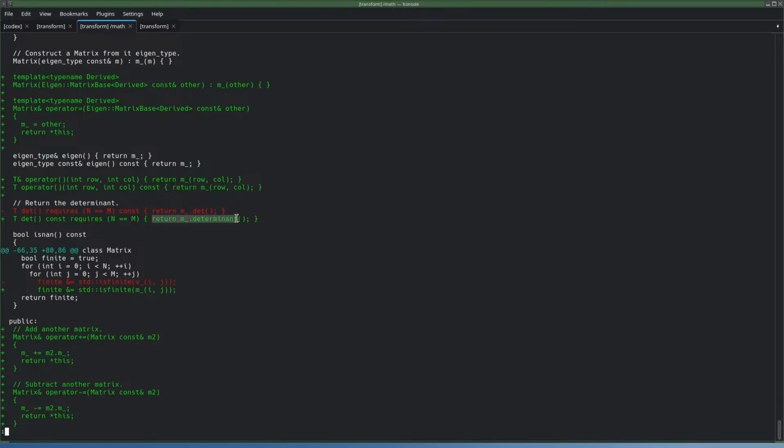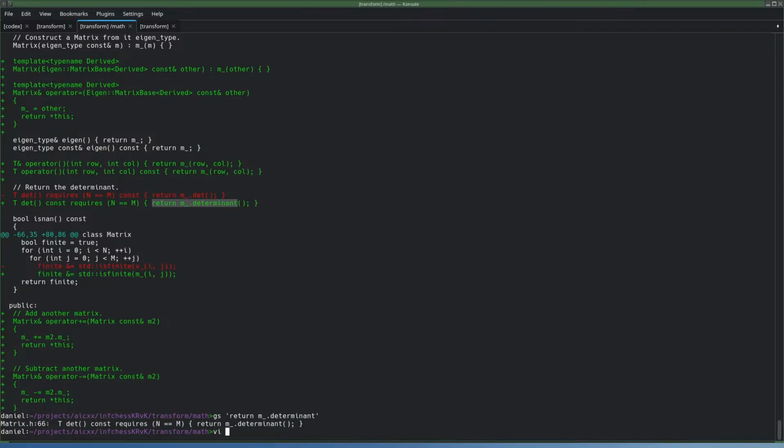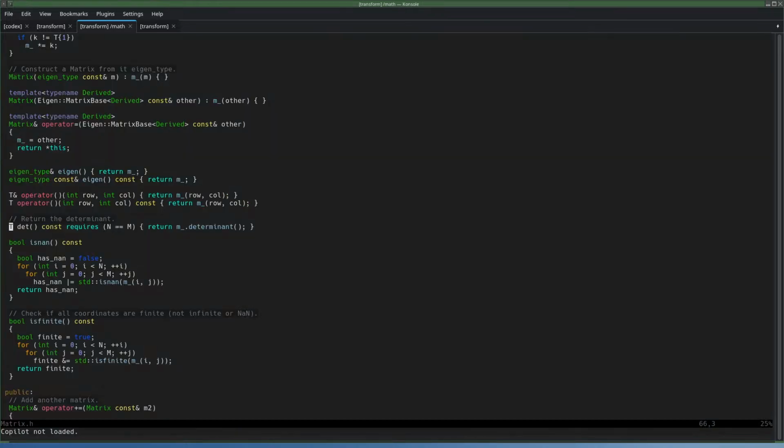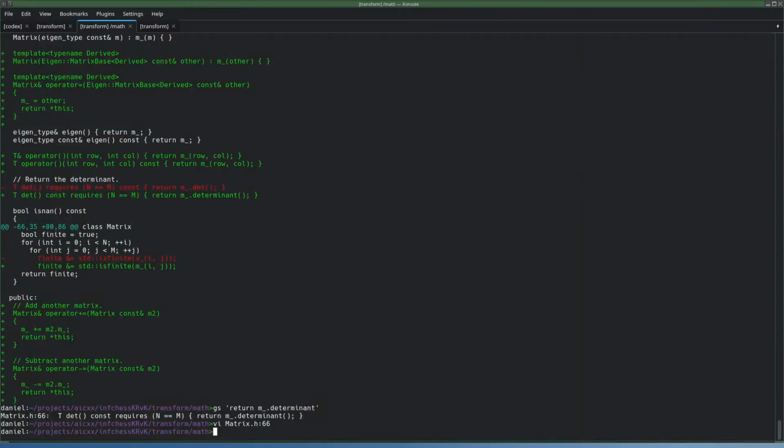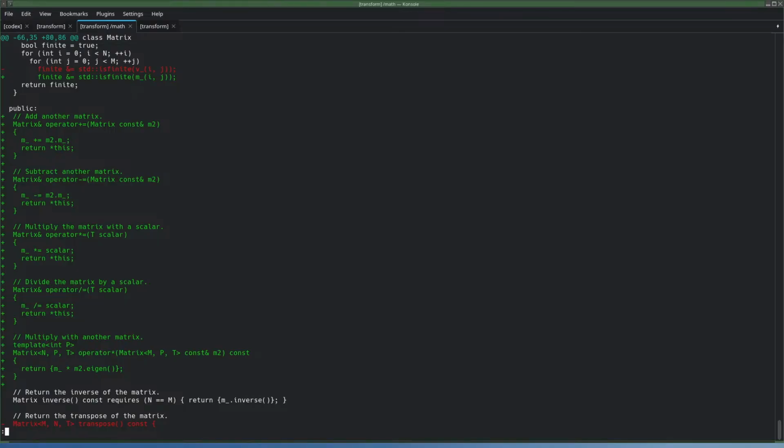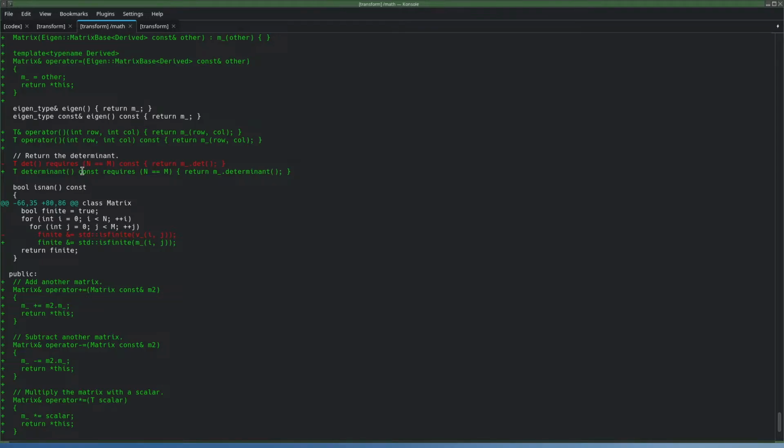So let's change this to determinant as well then. Oops, I'm still left in the V.